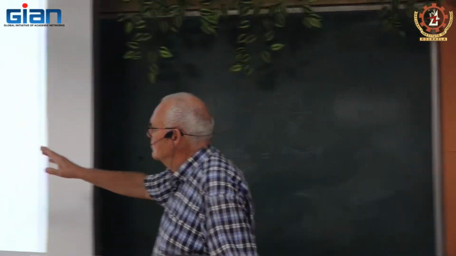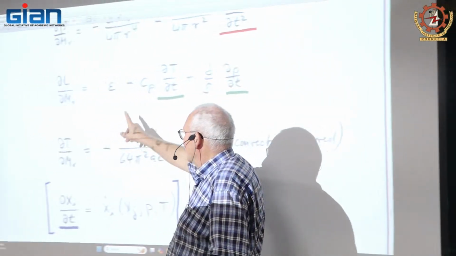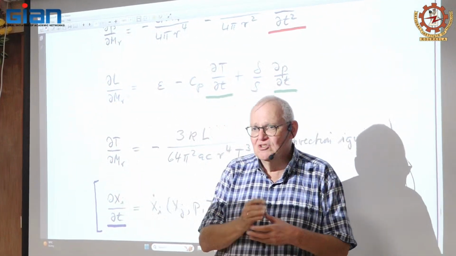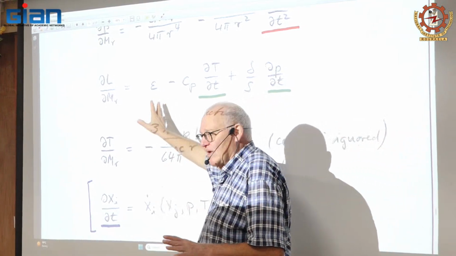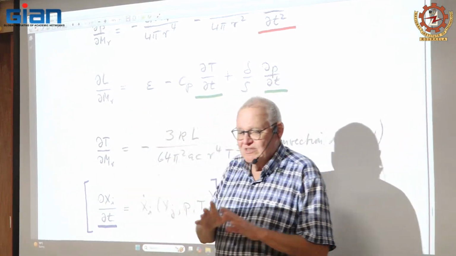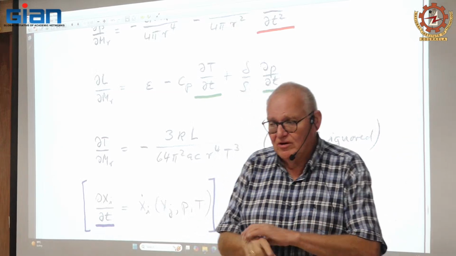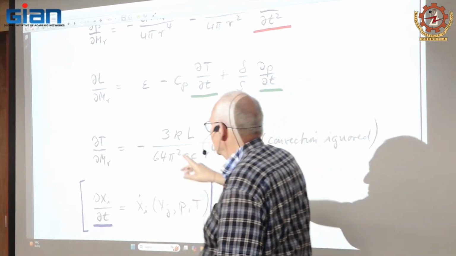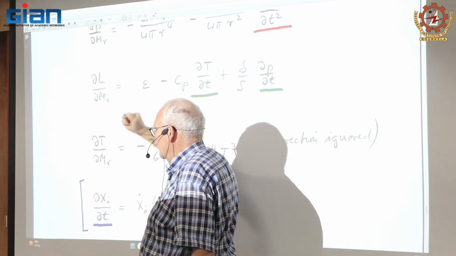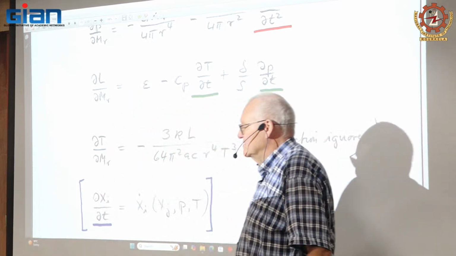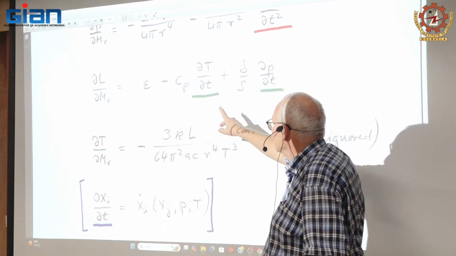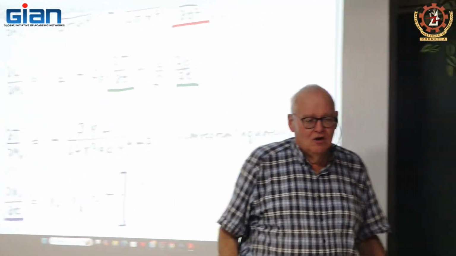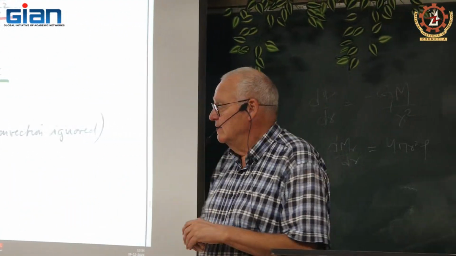The energy equation, which is describing the nuclear energy production, may be ignored in some cases. We will account for this term even for stellar pulsations. And then we have this term which is related to the thermal time scale.